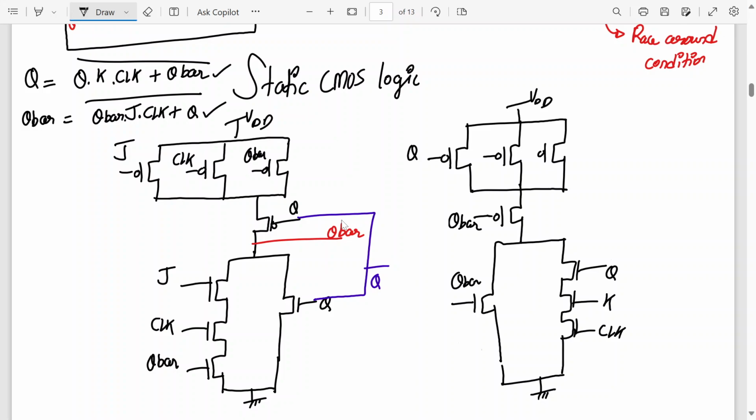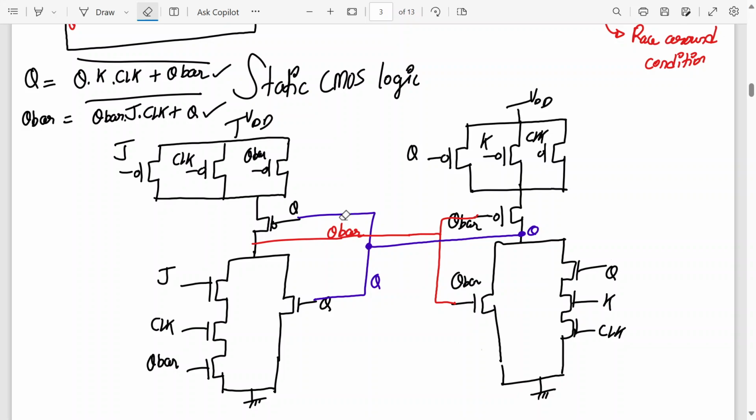This will be Q, K, clock. Now let's join them together. This is Q bar. These two are also Q bar, so connected together. And what about Q? Q will be the output, right? So this is Q and this is also Q. Please complete the design.